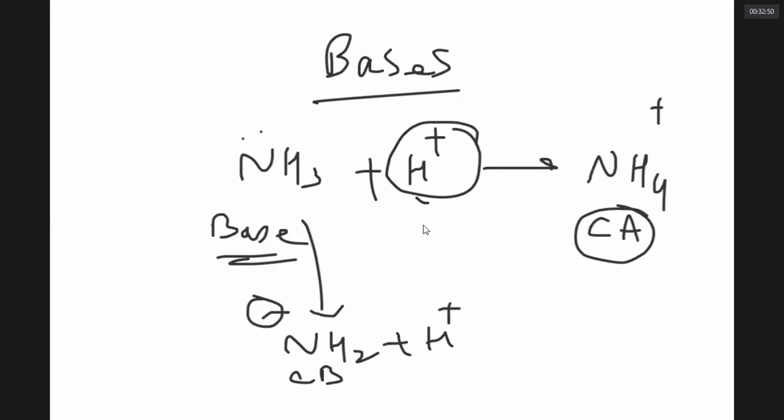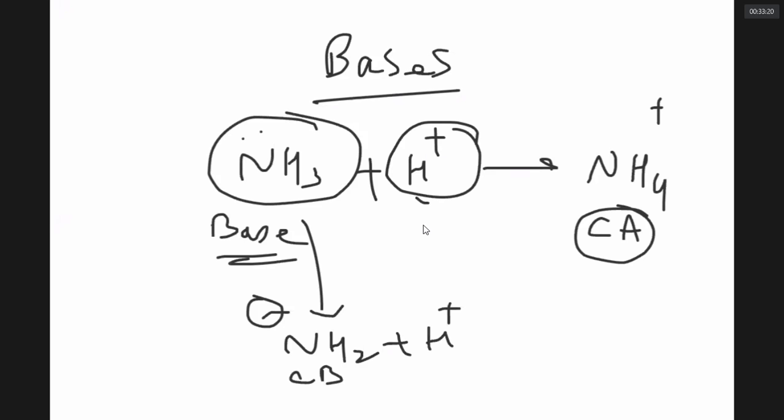After releasing H plus, you are getting a conjugate base. The more stable the conjugate base is, the more acidic the material is. After gaining H plus, anybody gives a conjugate acid. The more stable the conjugate acid, the better base it is.